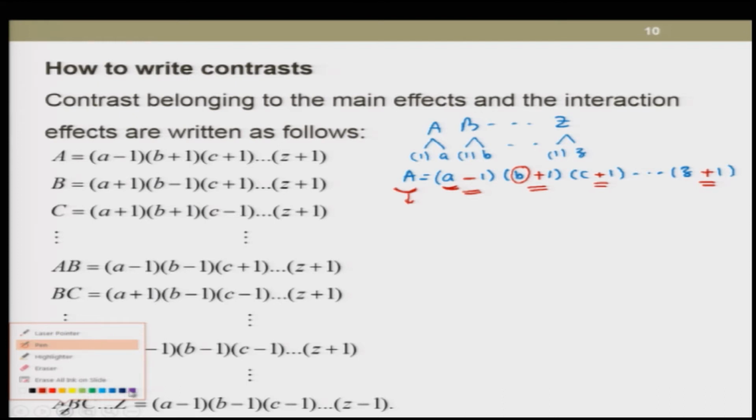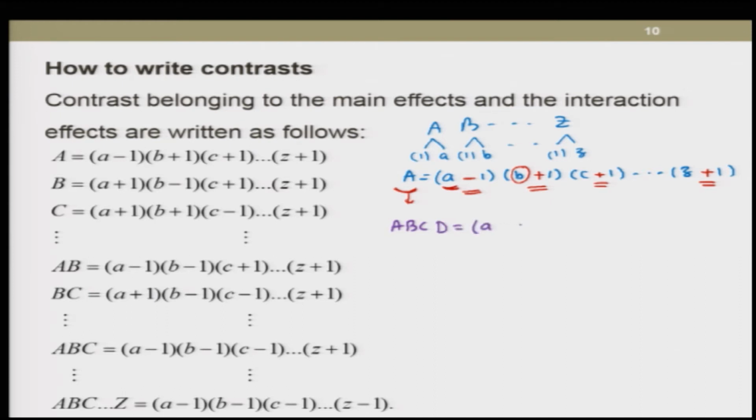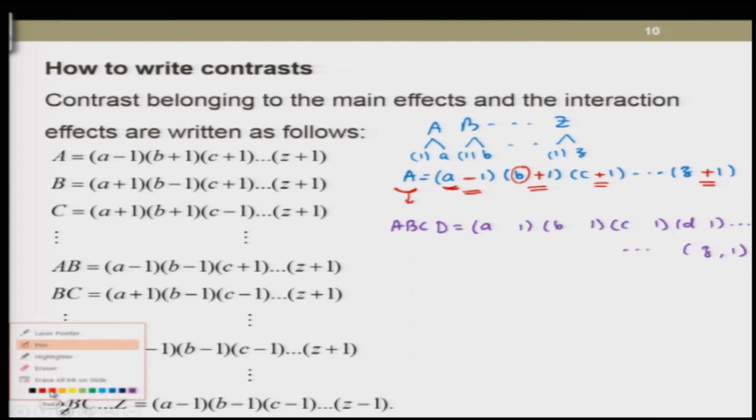Let me take one more example. Suppose I want to write down A, B, C and D. First, I will write down A 1, B 1, C 1, D 1 up to Z 1. Now, I have to see what is matching. You can see there are 4 letters, A, B, C and D, on the left hand side of this equality sign.